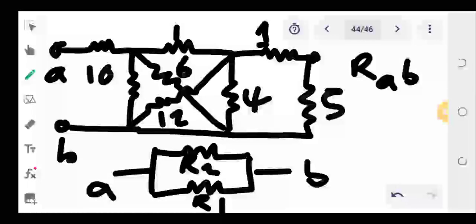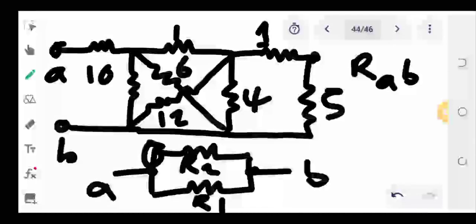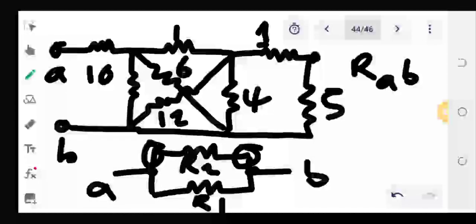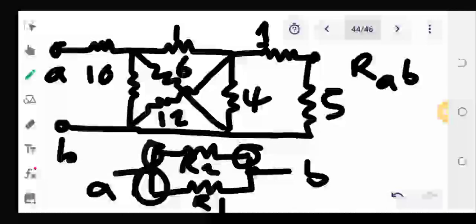So in this case, if I was told to calculate the resistance across AB between these two, I would say the resistors are in parallel arrangement because the terminal for this R1 resistor and the terminal for this R2 resistor are meeting at one point here and meeting at this point here.